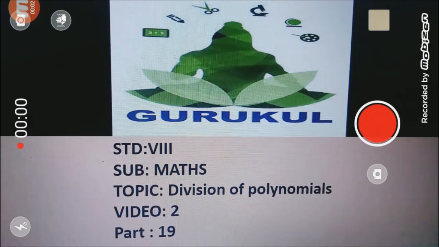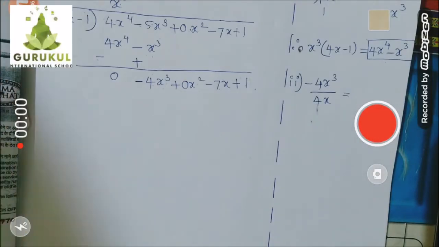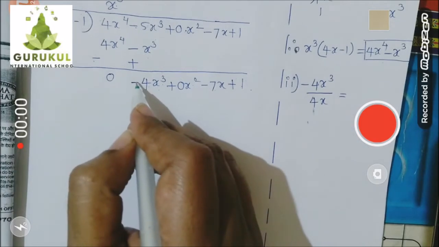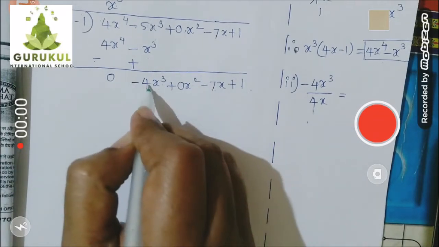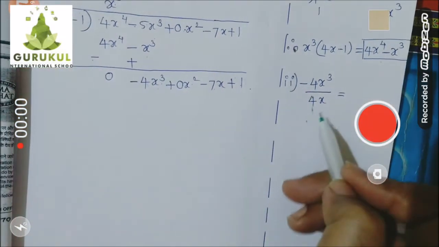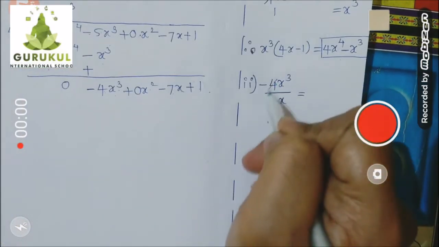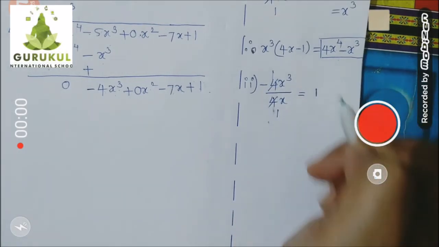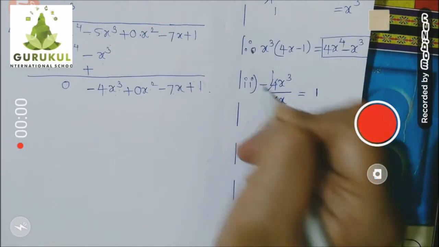Welcome back children. Let's continue that example. Now, we had taken the highest term from the remainder polynomial divided by the highest power term from the divisor, and let's start dividing. 4 ones are 4, 4 ones are 4. So 1 upon 1 means 1. About sign, this is minus, this is plus.